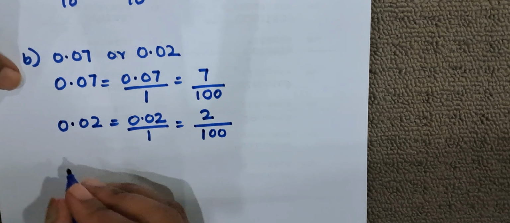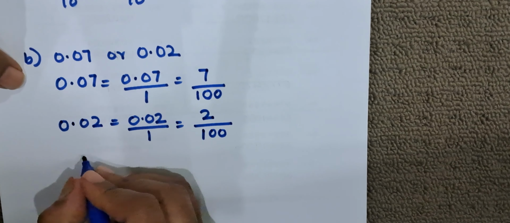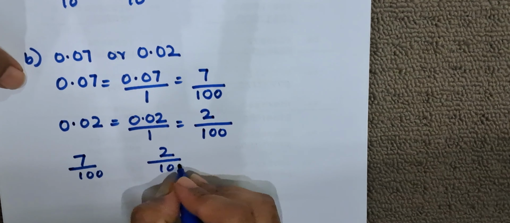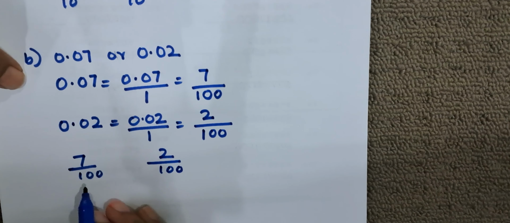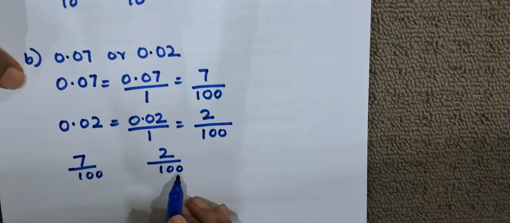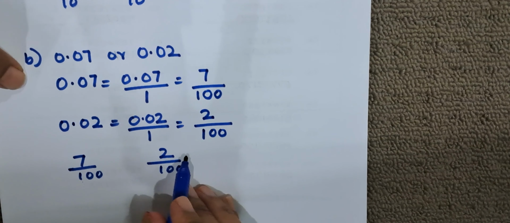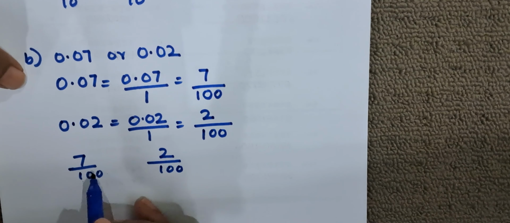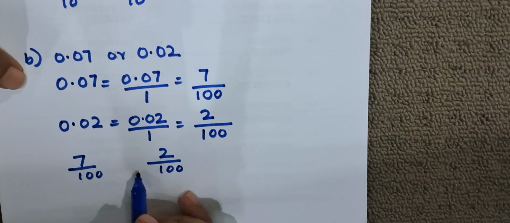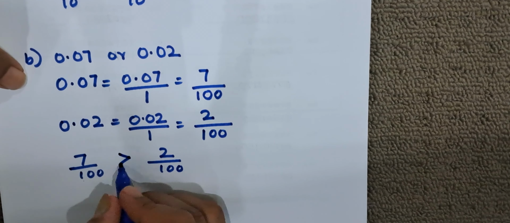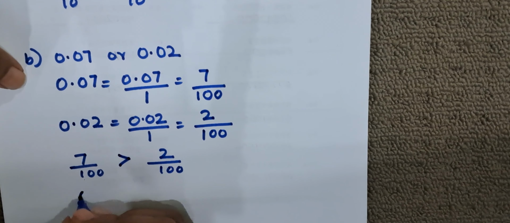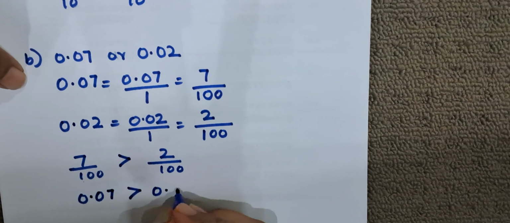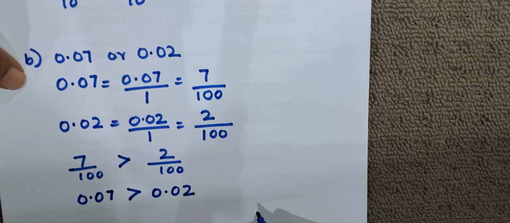Now we have two fractions for comparison, 7 upon 100 and 2 upon 100. As I told you earlier, when the denominators are the same and the numerators are different, the bigger numerator is the greater one. So 7 upon 100 is greater than 2 upon 100. So the answer is 0.07 is greater than 0.02. This is the answer.